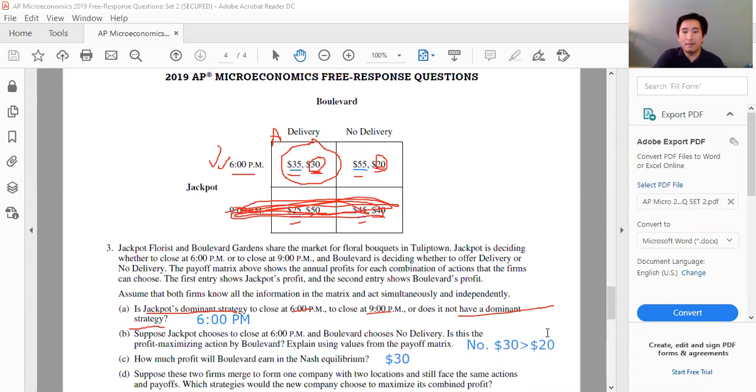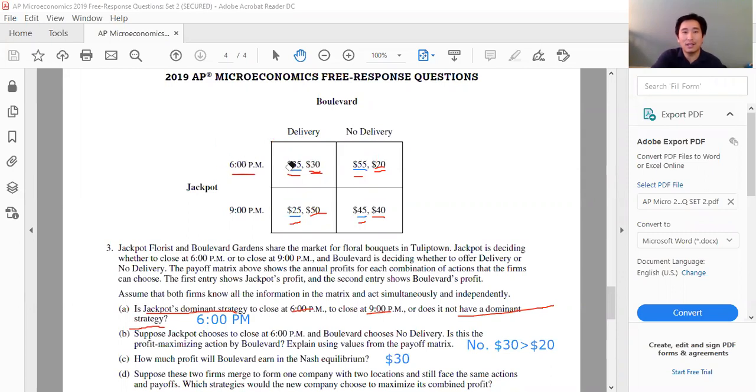But in terms of D, what happens if they do collude and they want to maximize profit? So basically, D is reversing the situation and saying, what would they do here? I'm going to go ahead and erase some of the stuff given here.